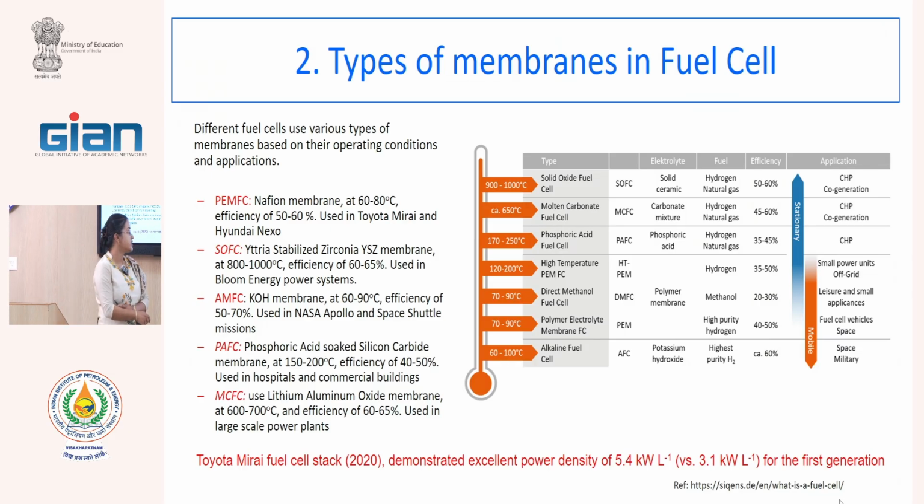Now, let us look at the efficiency level. PEM has an efficiency of around 50 to 60 percent. So, as a rule, whenever we require a very high temperature, like more than 500 degrees centigrade, we have to ramp up the temperature, and in order to ramp up the temperature we need certain time to reach that temperature level. So, that is why it requires a little time to start fuel cells like MCFC, SOFC, etc. The initial starting time is quite considerably high.